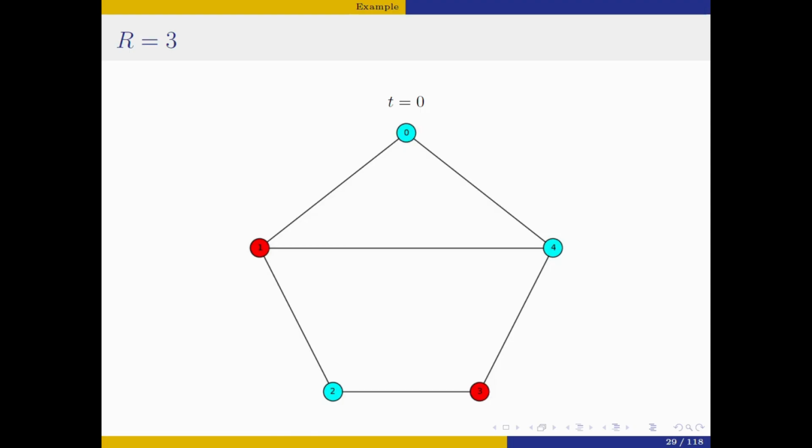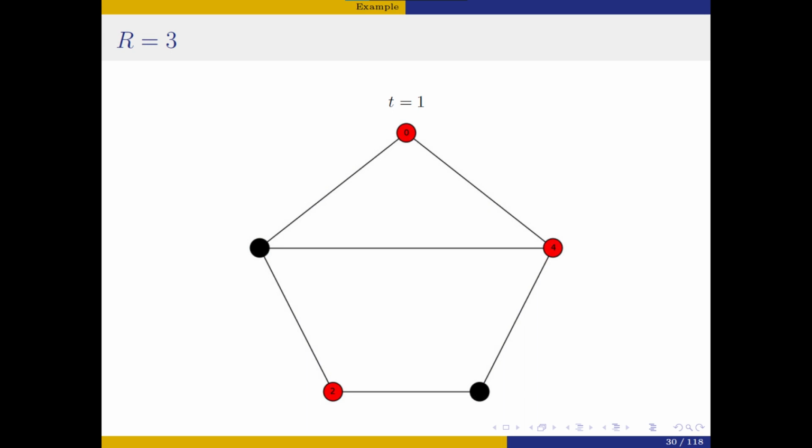By rule 2, the vertices that are initially infected in the next time step will be dead. On the other hand, the healthy vertices have at least one infected neighbor, and by rule number 1, in the next time step, these vertices will become infected.